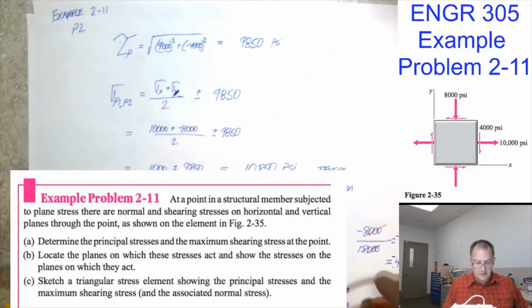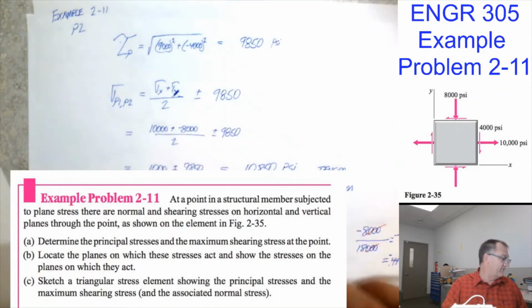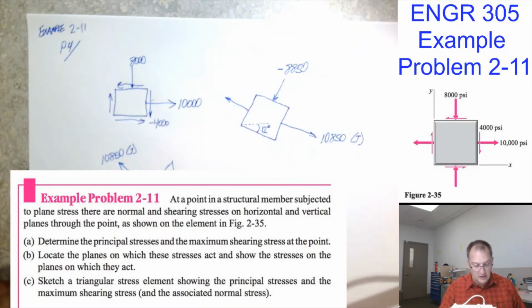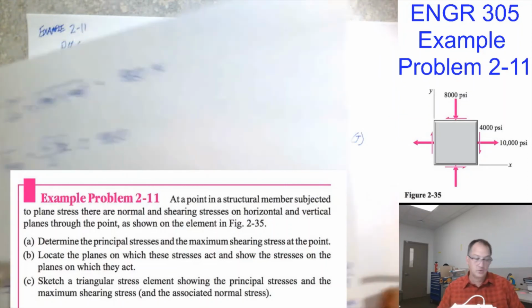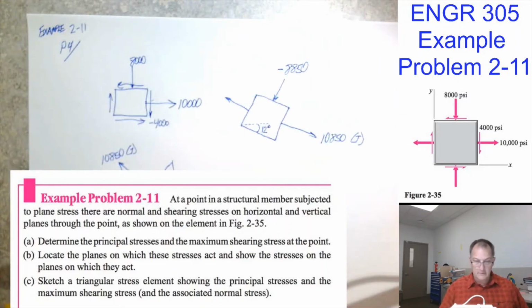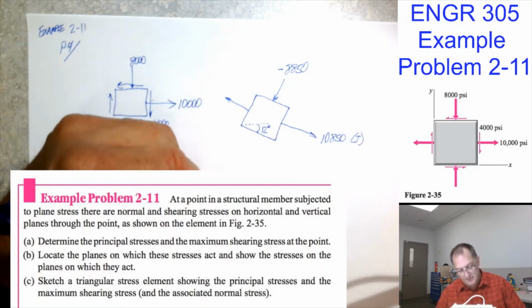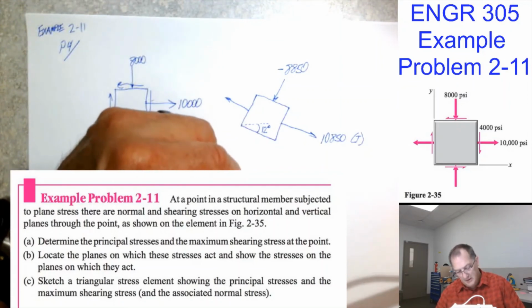Yeah, it was, might have even been on page 1. Page 2, 9,850. So that shear is going to act, I have to think about whether that is acting that direction or the other direction, but it's 9,850 psi.